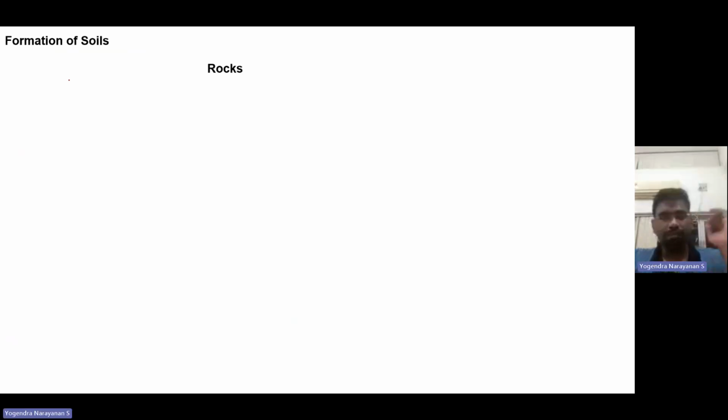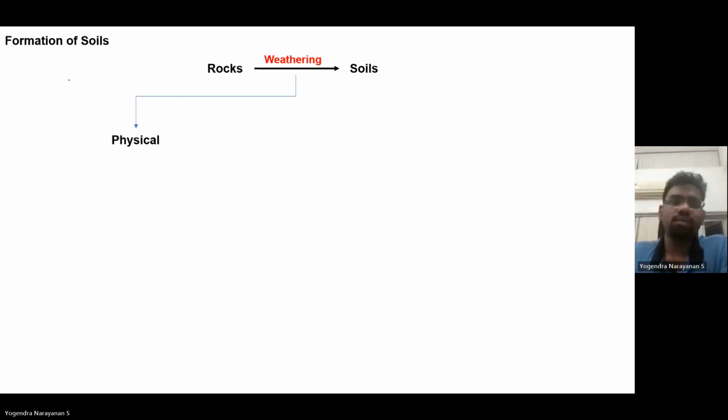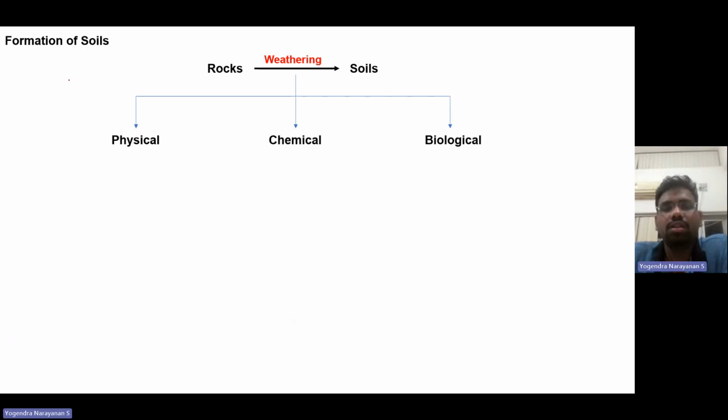So essentially, we know that rocks are converted to soils by the process of weathering. This weathering can be of three types, which is physical, chemical, and biological. So these are the three broader classifications of the types of weathering: physical, chemical, and biological.